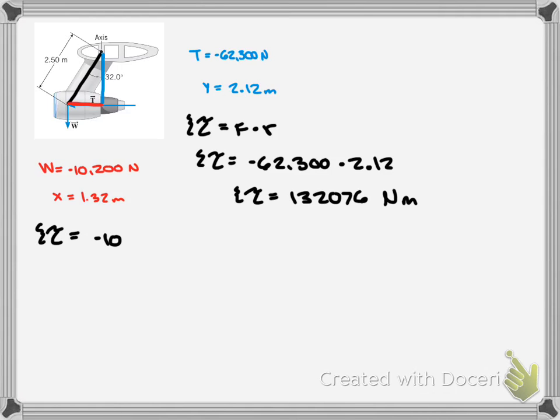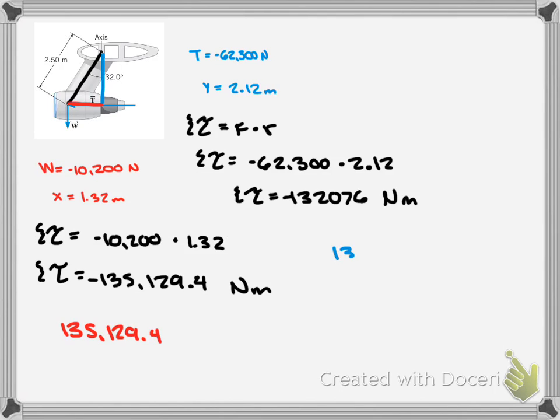And now you multiply negative 10,200 newtons times 1.32 because the W is perpendicular to the x distance when the x distance is 1.32, and you get that answer. And now, yep, that's the answer basically.